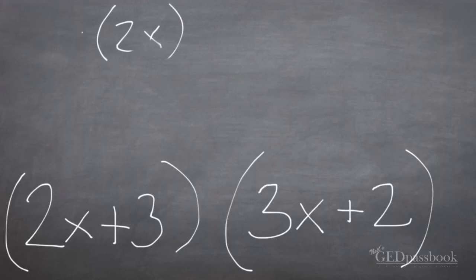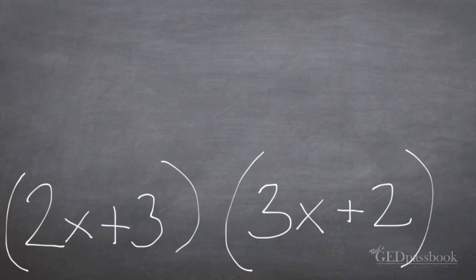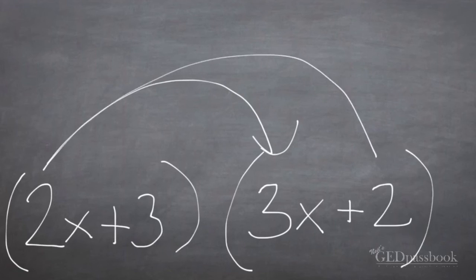But this is what you'll see more of on the test, this whole problem right here. Something called FOIL, all right? Don't worry about the acronym. All we've got to focus on is the same thing that we were just doing a second ago, which is distributing, all right? We are actually multiplying each one to each one.